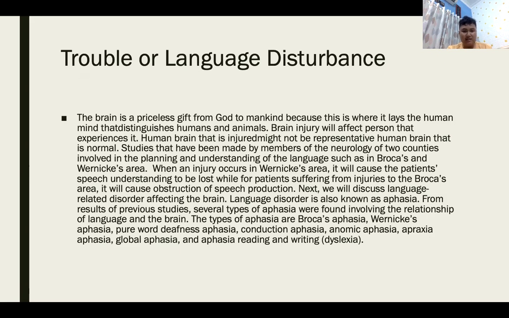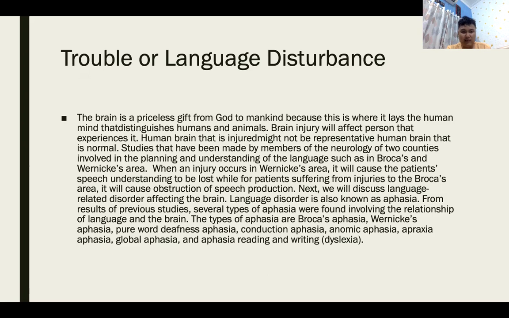The brain is a priceless gift from God to mankind because this is where the human mind lies, which distinguishes humans and animals. Brain injury will affect the person that experiences it. A human brain that is injured might not be responsive, unlike a human brain that is normal.